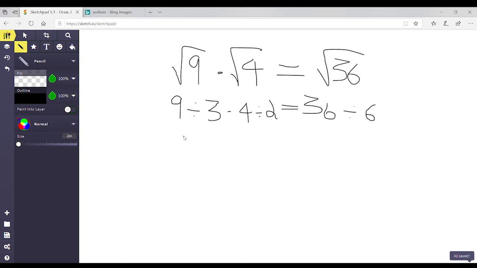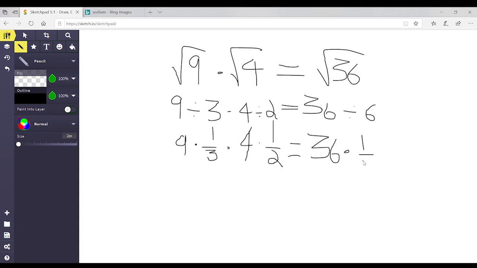Now what else is this known as? This could be 9 times 1 over 3, and then you're multiplying it by 4 times 1/2. This is equal to 36 times 1/6.